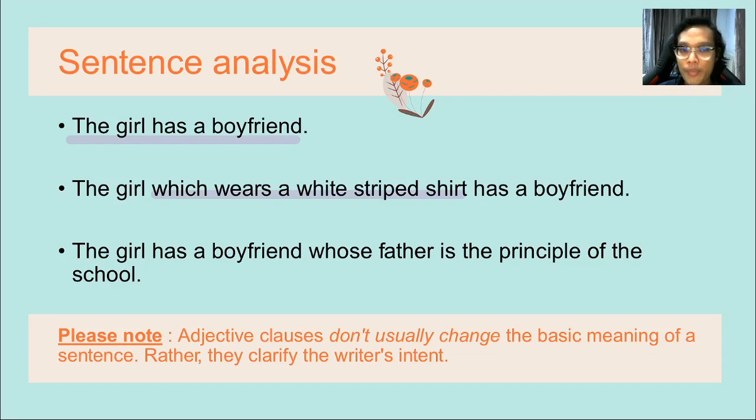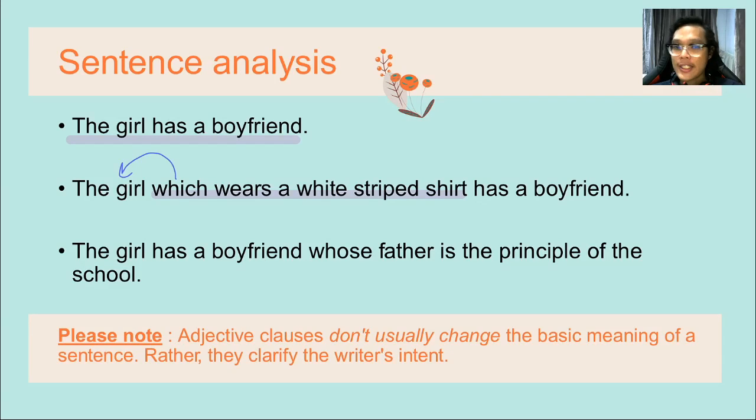Can you tell me which noun this clause is modifying? This modifies the girl, right? The girl, which wears the white striped shirt. We know more details about this particular girl, that she wears a white striped t-shirt.